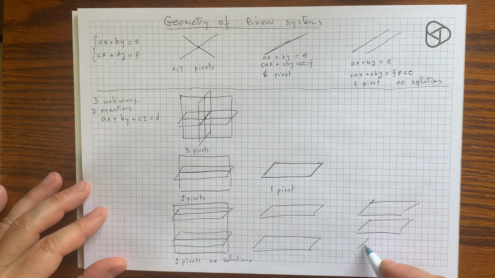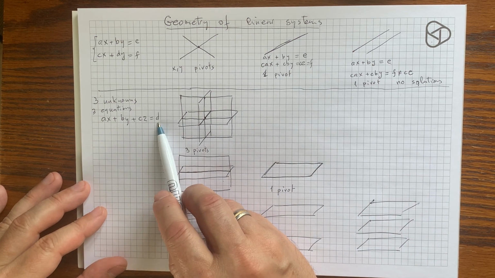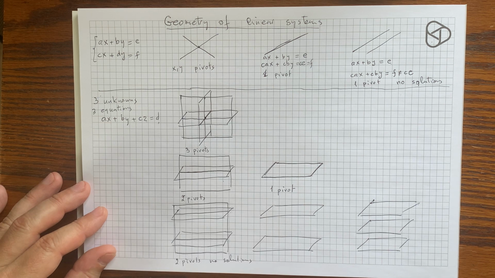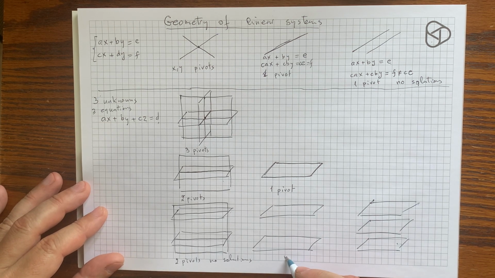So equations are proportional in their left sides, but right sides are all not aligned, and then we'll have three parallel planes, still no solutions. And if we solve the system, we'll still have one pivot.